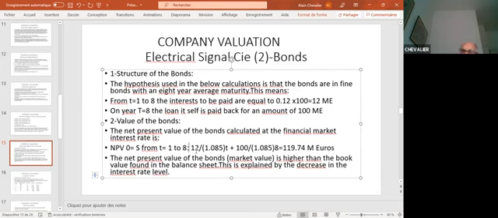But also, if you have a look at the total value of the bond, including the interest and the final repayment, you will have an improvement. And this is what you are looking for when you invest in bonds, of course.